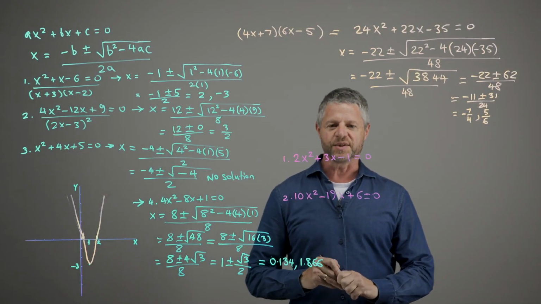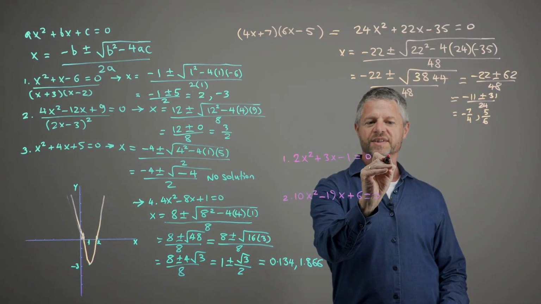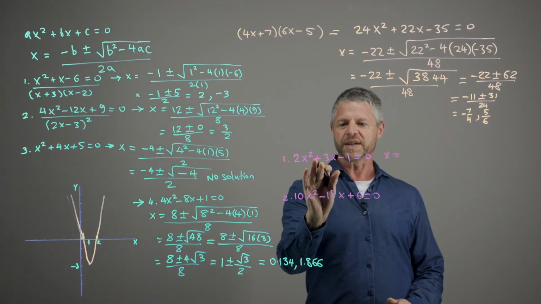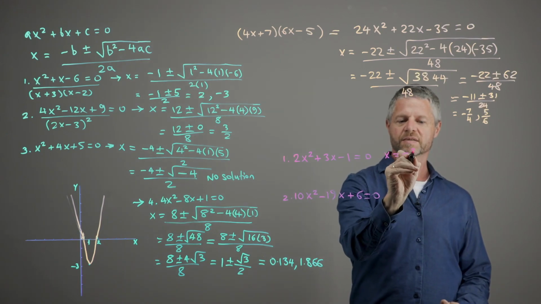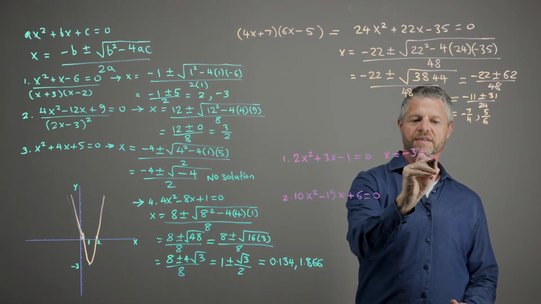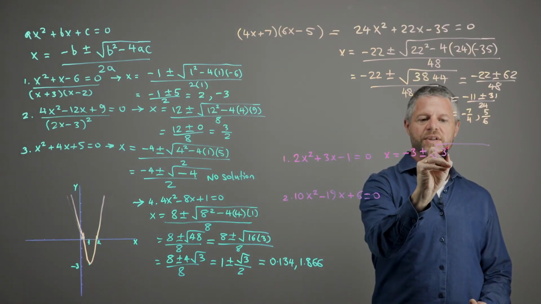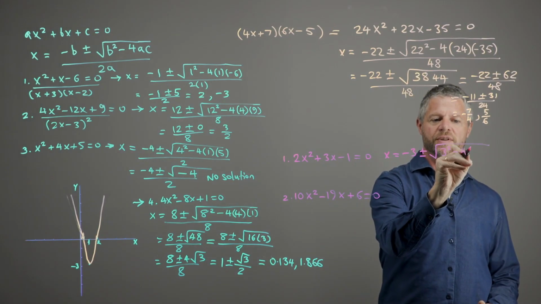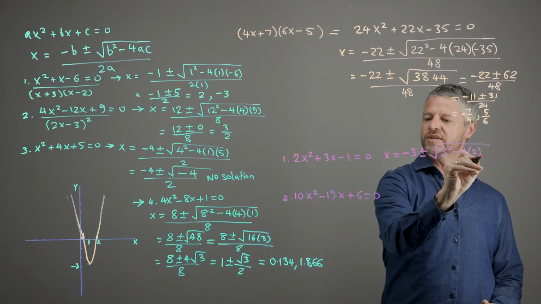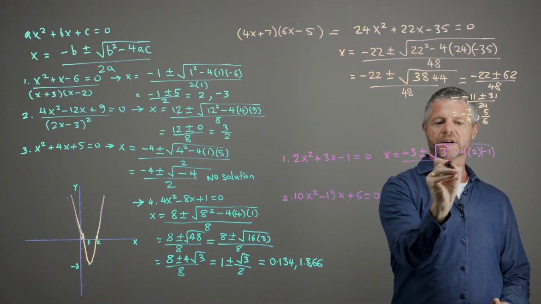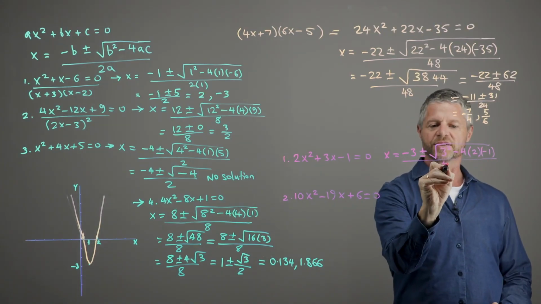Okay, let's see how you did with these two. So x equals, so minus b, so minus 3 plus or minus the square root of b squared, so 3 squared minus 4, a is 2, c is minus 1, all divided by 2 times a, which is 4.